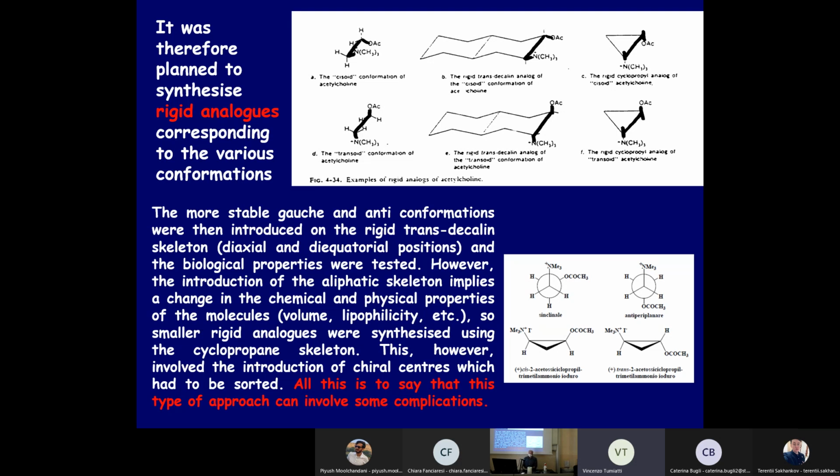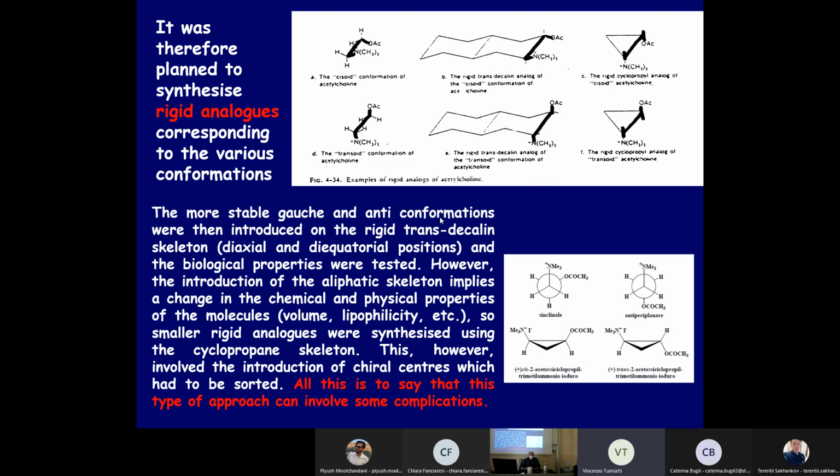So in this approach, we can have some information about the right conformation of acetylcholine, but there is an important warning. We are changing the chemical physical properties of the compound. And so perhaps the information cannot be directly related to the activity of acetylcholine.